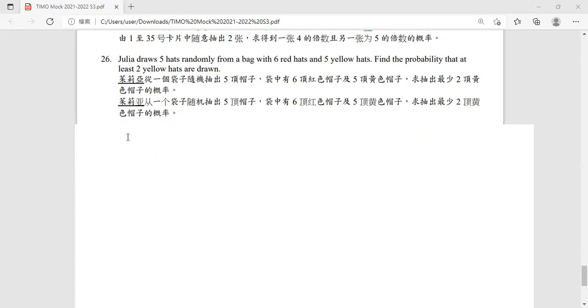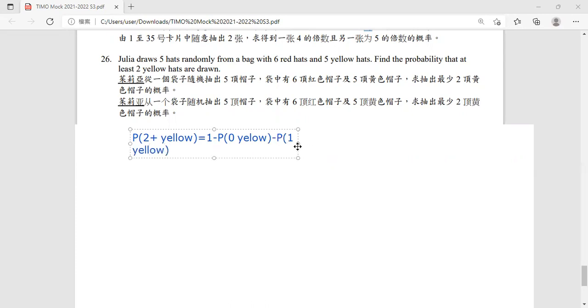So P of at least 2 means 1 minus P of no yellow minus P of 1 yellow.